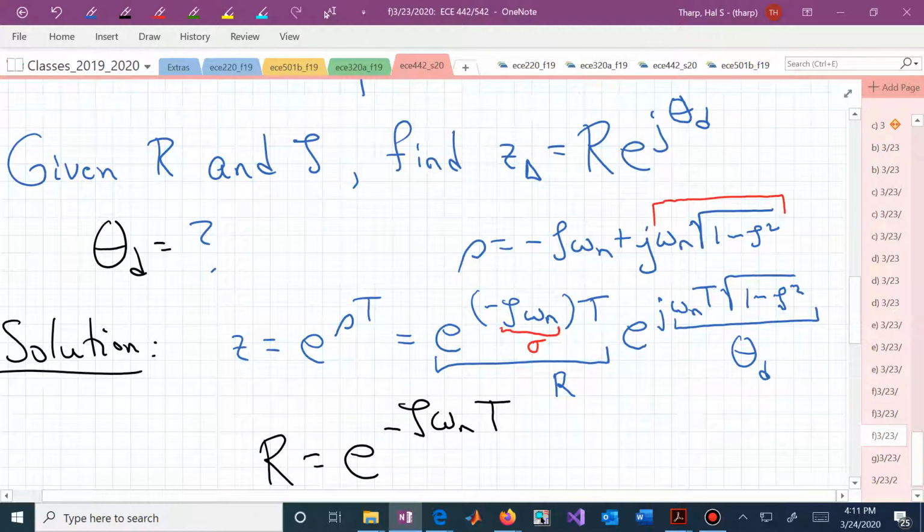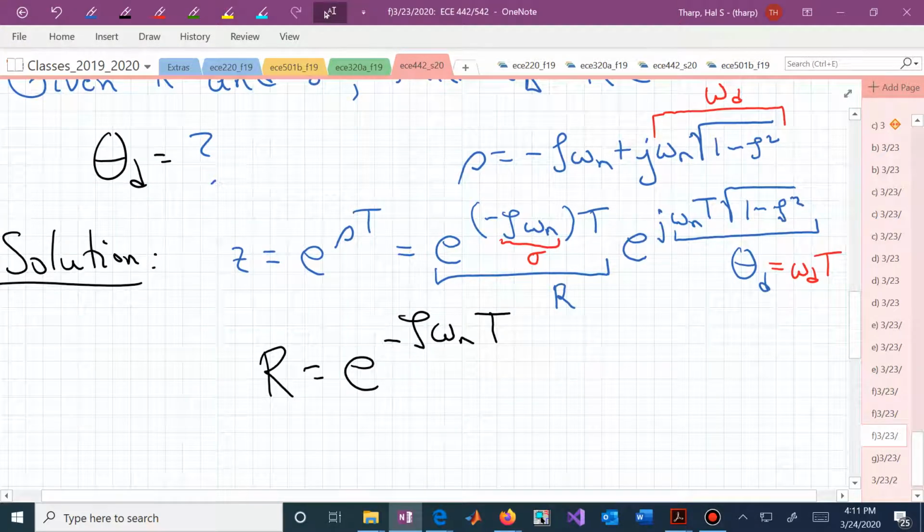Since I've squeezed the sampling period t in between the omega sub n, the natural frequency, and the square root of 1 minus zeta squared, it's maybe unclear what that is, but this is now our omega sub d t value. That's theta sub d. So now we have r is e to the minus zeta omega sub n t.